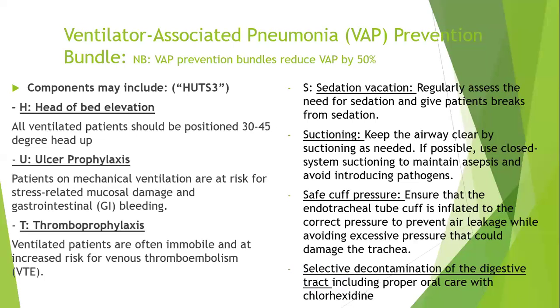So it's important for us to familiarize ourselves with these prevention bundles, as it can go a long way to reduce the incidence of VAP in more than half of our patients. So HOTS: ensure that all your ventilator patients are positioned head up, about 30 to 45-degree forward position.